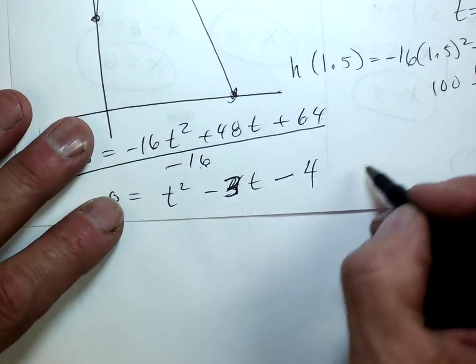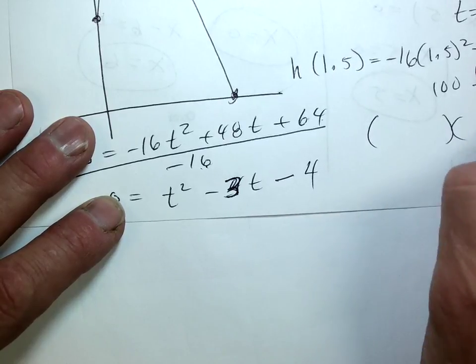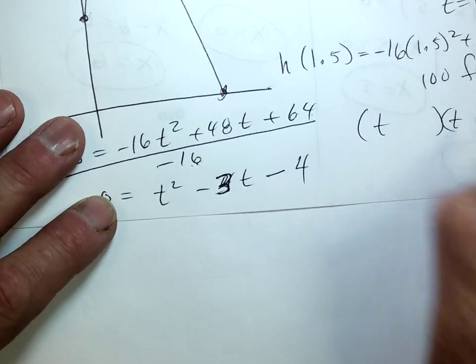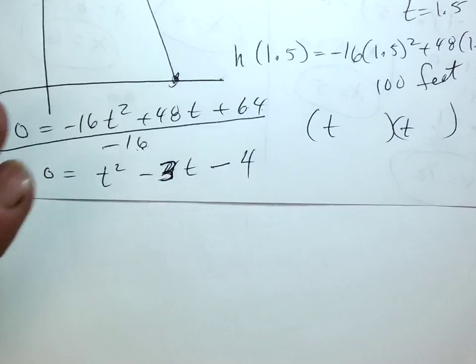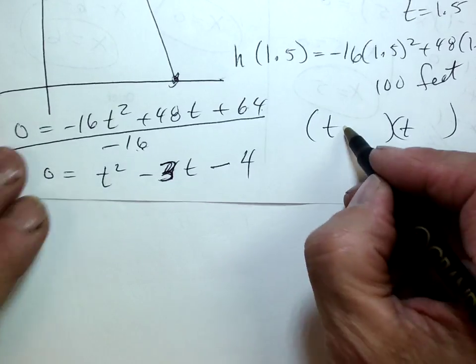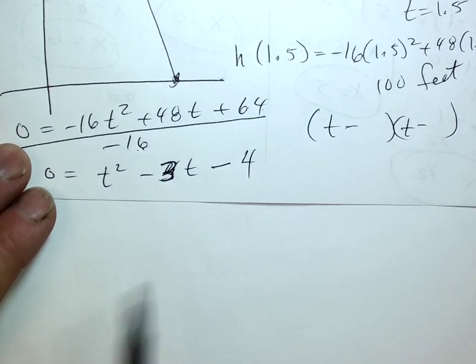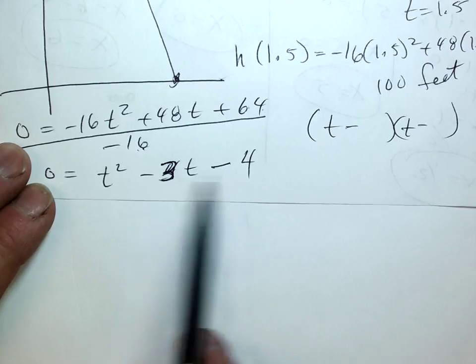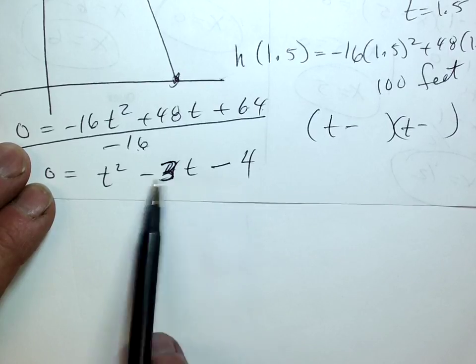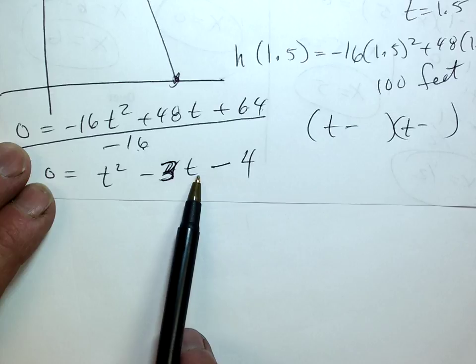What does it factor into? t minus 4 and t plus 1.